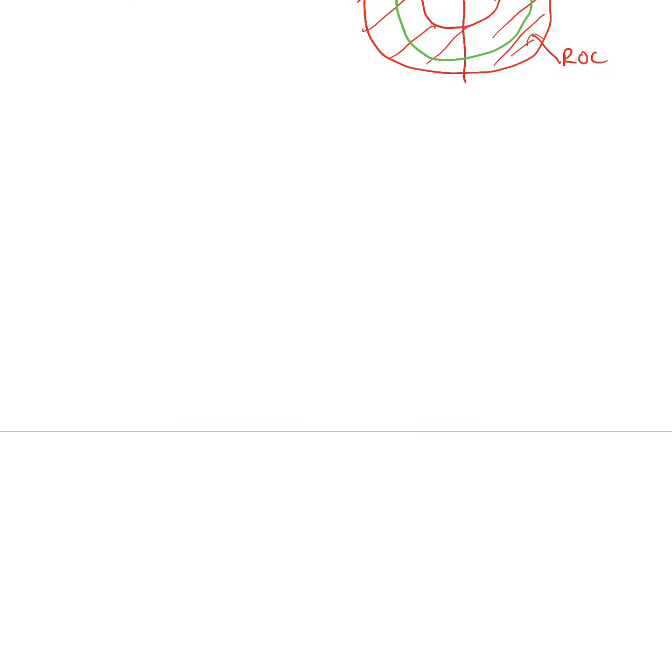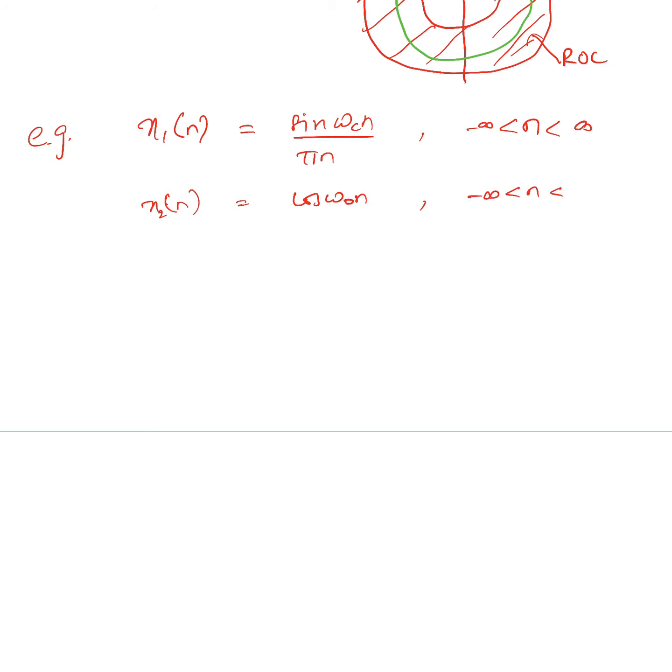Now let's see some examples: x1 of n equal to sine omega c n by pi n, for n from minus infinity to infinity, and let's say you have x2 of n equal to cos omega naught n, for n from minus infinity to infinity. You will notice that both these sequences are not absolutely summable.